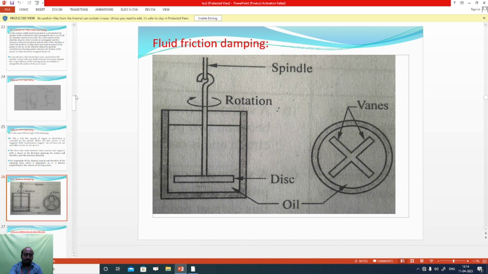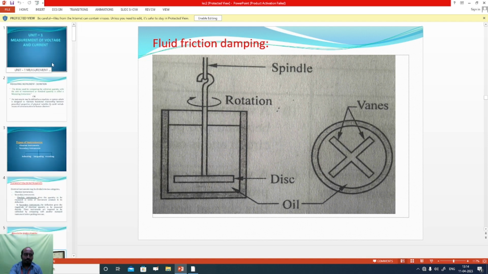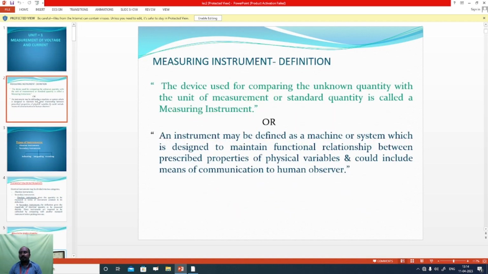So these are all the basic techniques used for the measurement of voltage or current by using any one of the measuring instruments. These are all the basic parameters which are to be known earlier.